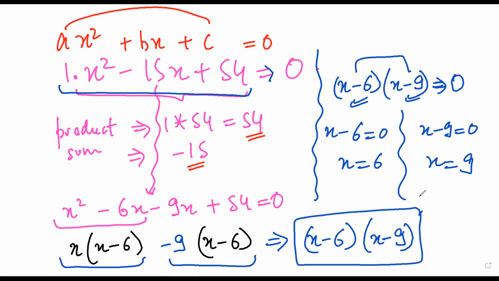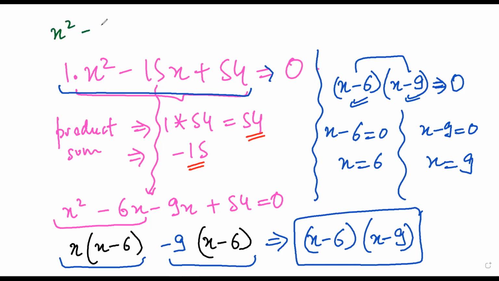No. See, Mr. Sarthak, we have just done one step extra. The questions that we were doing previously, we just had to factorize the polynomial. Now, if I factorize this polynomial, the factors would be x minus 6 and x minus 9.